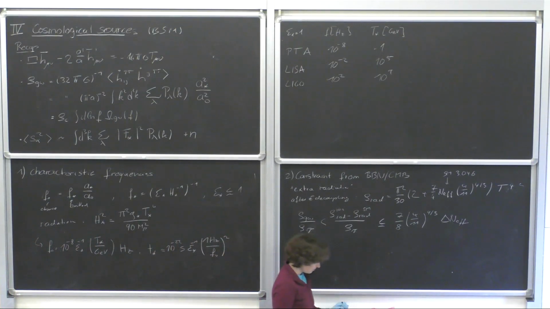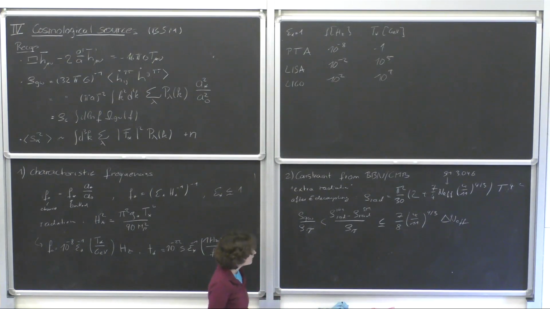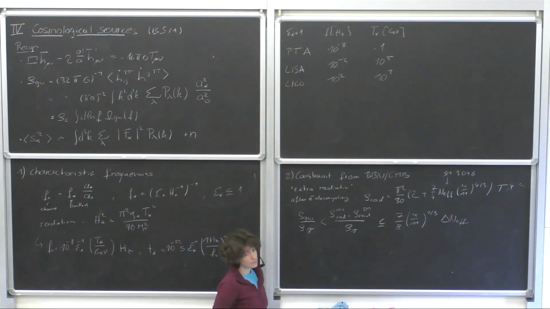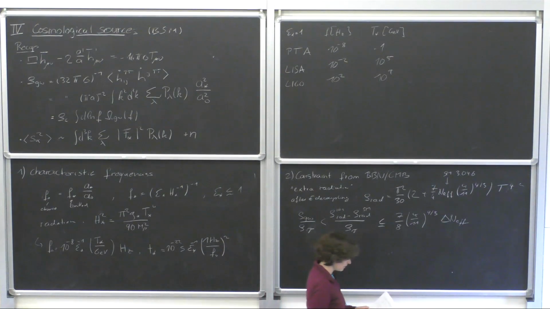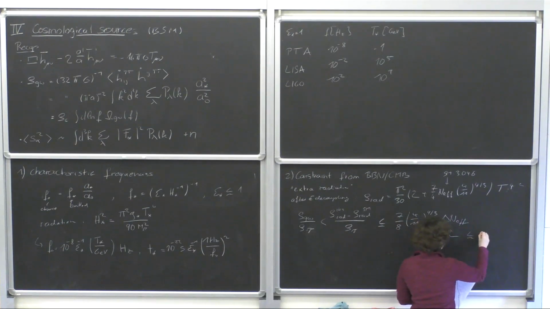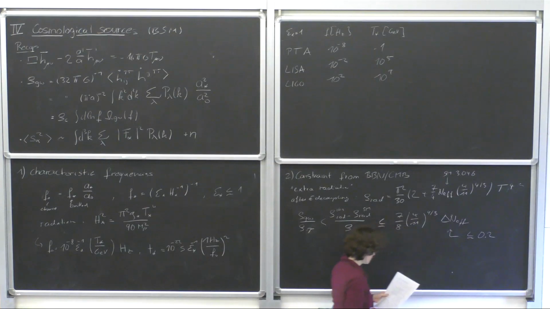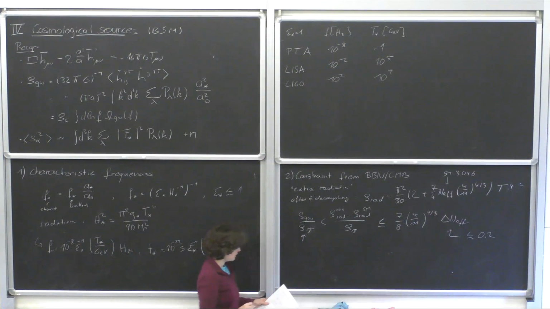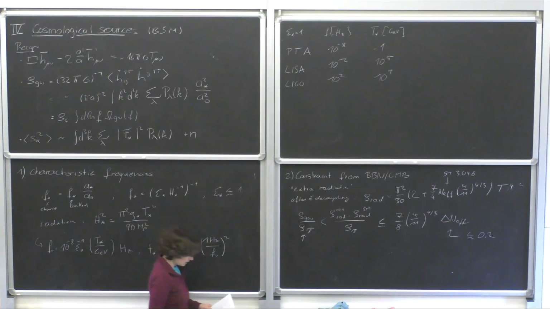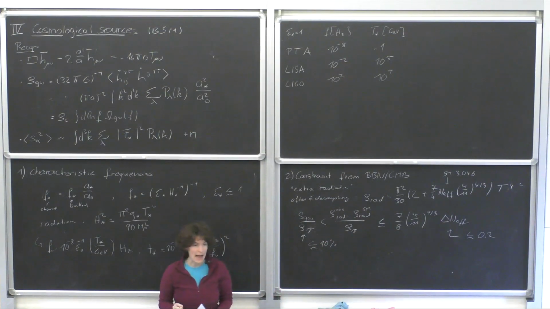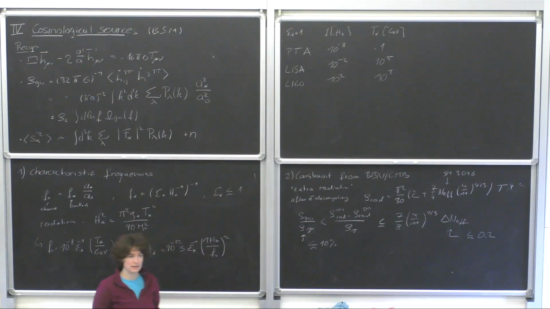So now we know from measurements that at and after BBN and CMB decoupling, this thing has to be smaller than about 0.2, which means that the total amount of energy relative to the amount of photons has to be less than about 10% at the time of BBN and CMB decoupling.